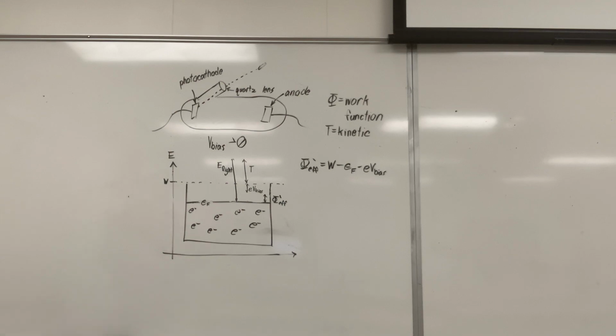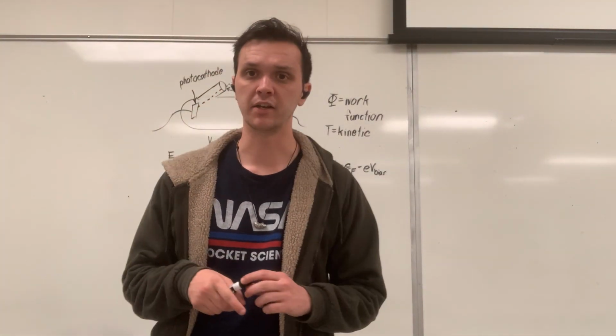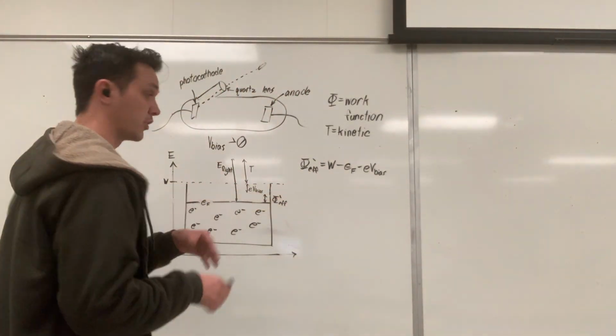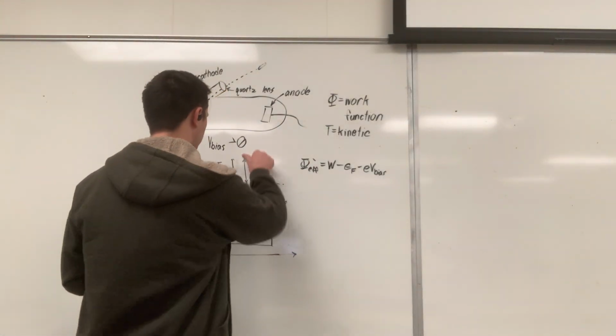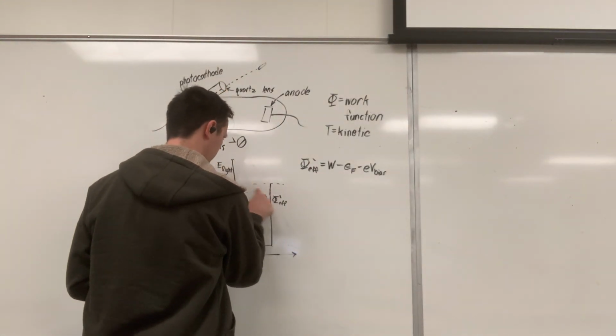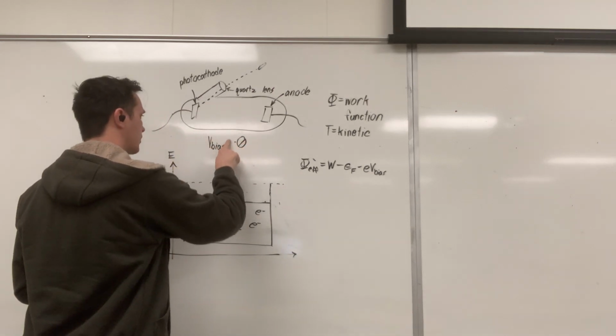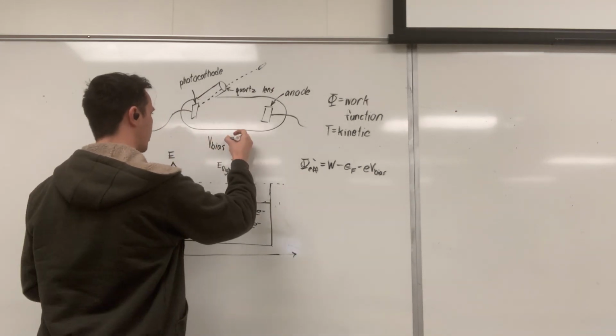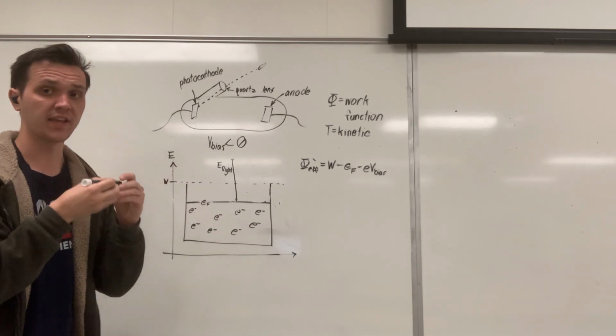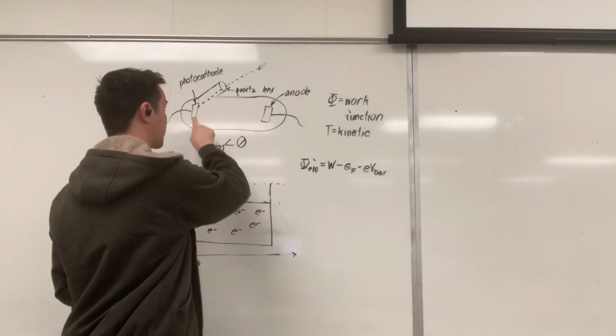So the final case that we're interested in, the only one that's remaining, is, let me erase some of this, a negative bias voltage. So V bias now less than 0, negative. In other words, the anode is now negatively charged with respect to the photocathode.